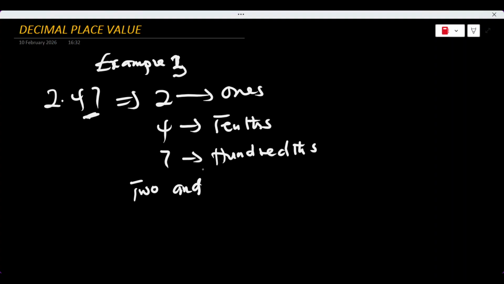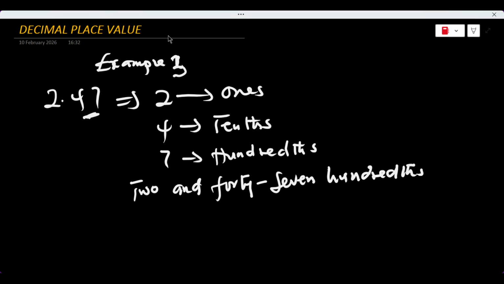The last digit always receives the name of that particular decimal place. So, 2 and 47 hundredths.